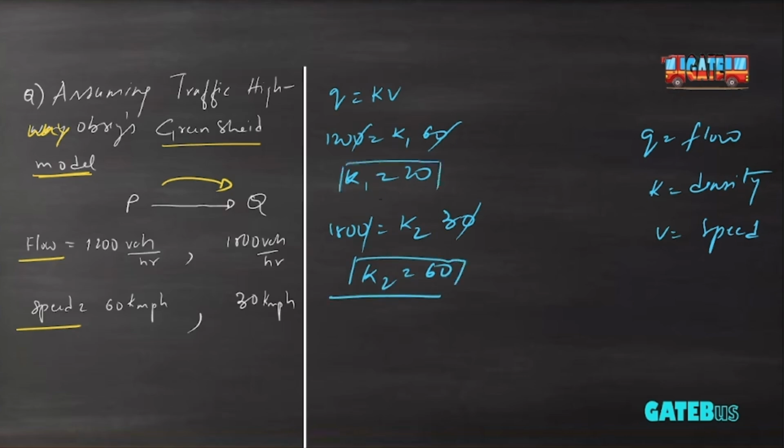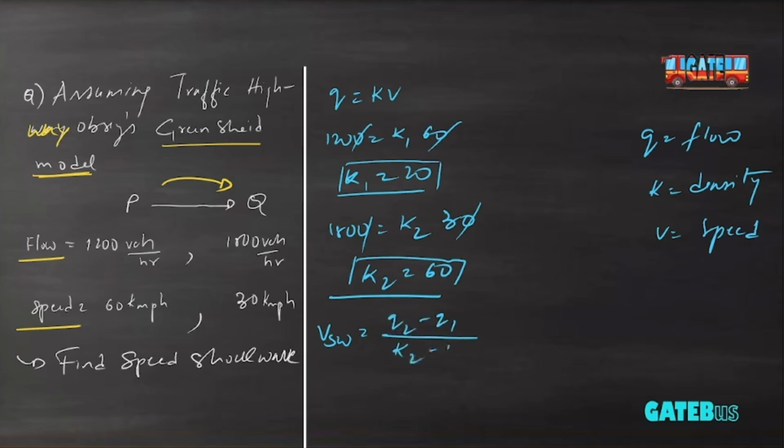Now in this question, sorry, I forgot to mention this, we have to find the speed of the shock wave. So the speed of the shock wave is equal to Q2 minus Q1 upon K2 minus K1.